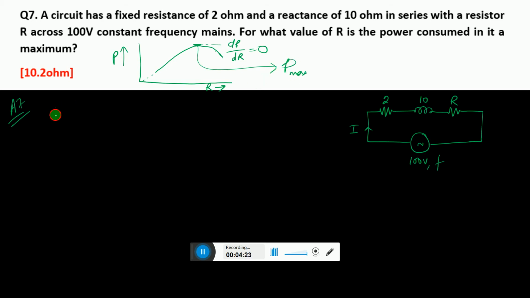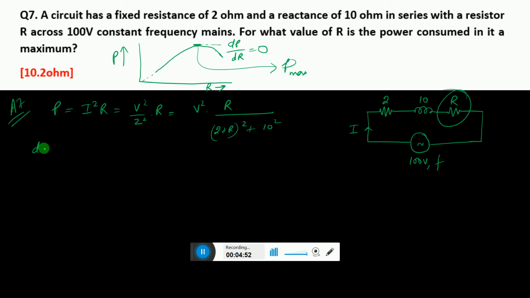So what we are going to do is write P is equal to I square R, the power across this R. I is nothing but V by Z, so square of all. That we can write as R by Z square, where Z is the impedance of the entire circuit. So we take the resistive term one side and reactance one side.